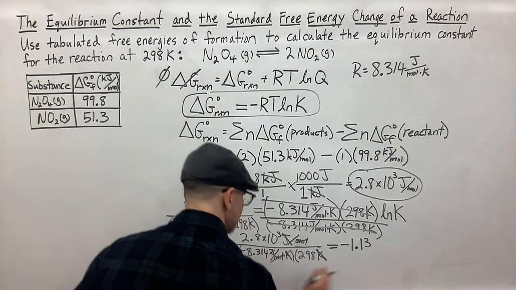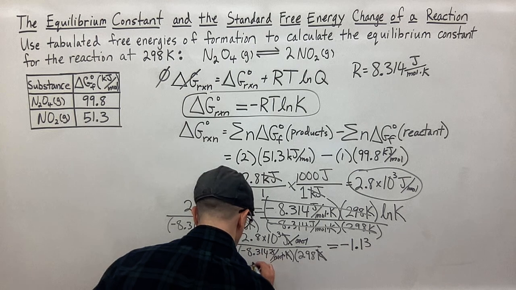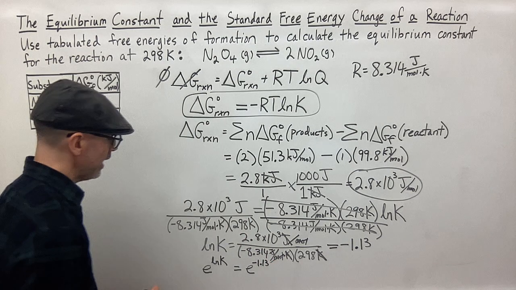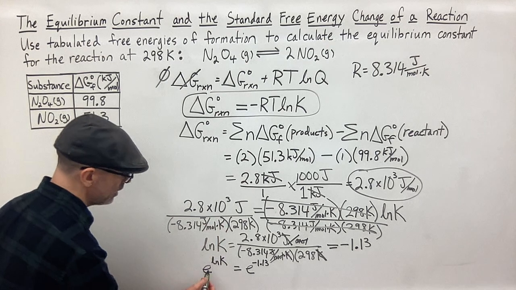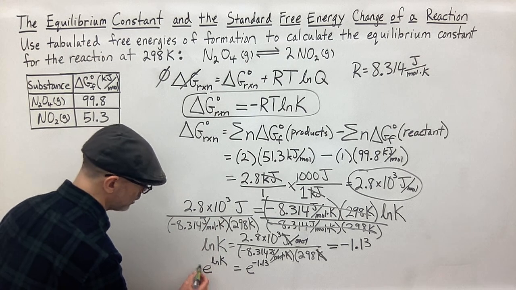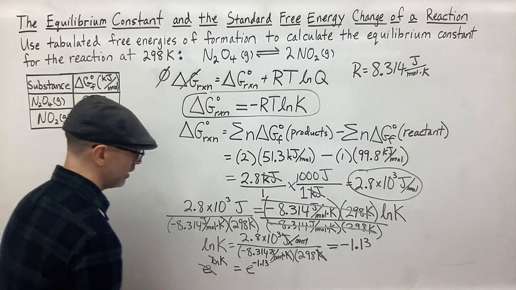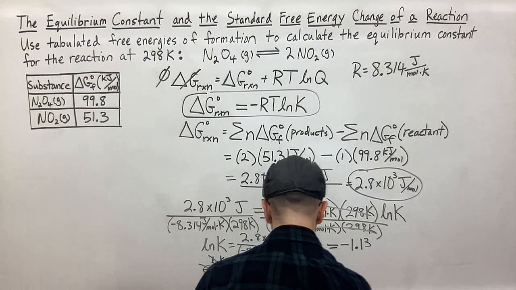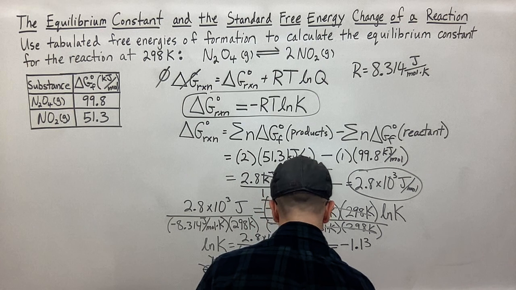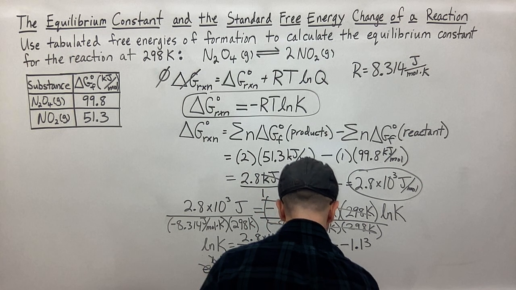So that means that this is going to be a power of e, negative 1.13. And so since the e and the natural log as a power cancel each other out, that means that this is going to be K. So K is equal to e to the negative 1.13 power.